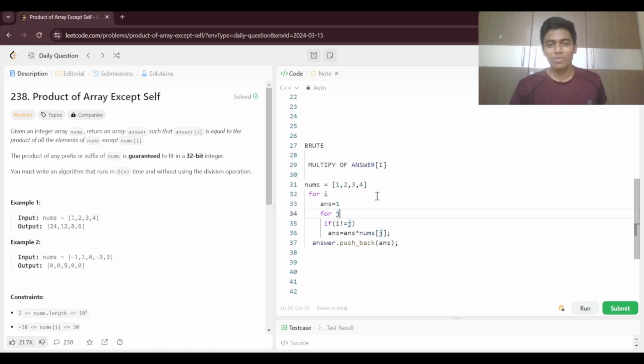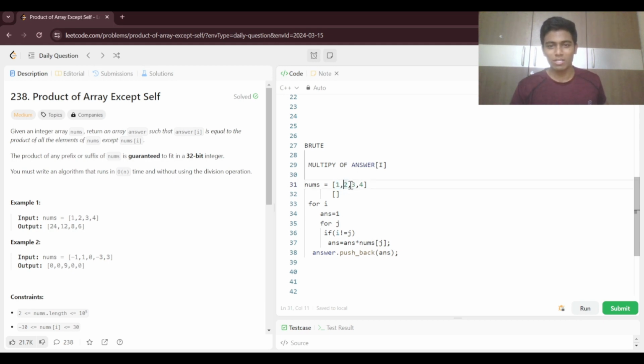Suppose for this particular nums[1], we need this particular multiplication, and for this 2 we need this multiplication as well as this multiplication. So whenever we want to get from here to here, we can calculate the multiplication by using the multiplication of the previous element, so that we are going to store.